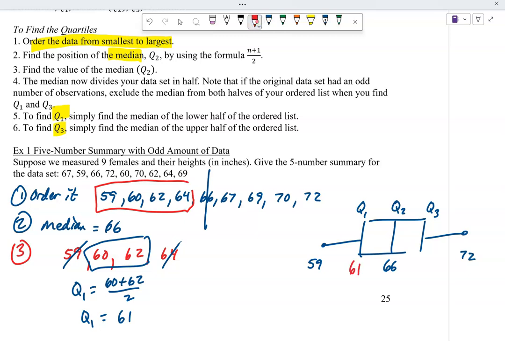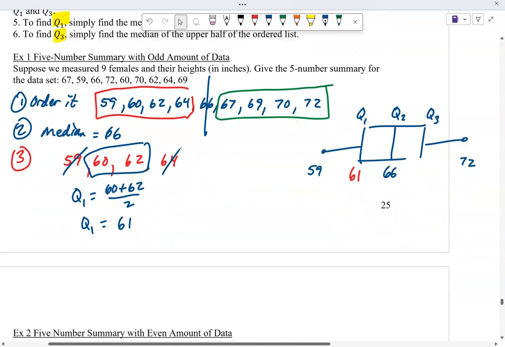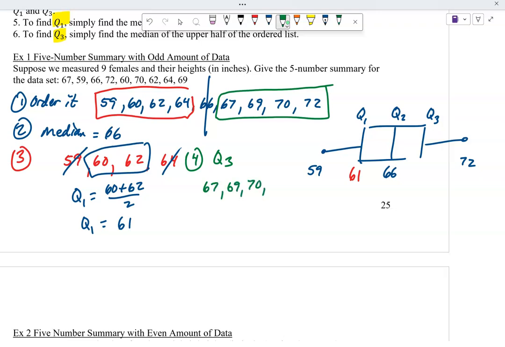That's our first quartile. Now I'm going to look at the upper quartile. Notice I'm not including that median there that was X'd out because it was right on the number. So quartile 3. I've got 67, 69, 70, 72. I find the median of the upper half of data. Cross out, cross out. I got 2 numbers in the middle.